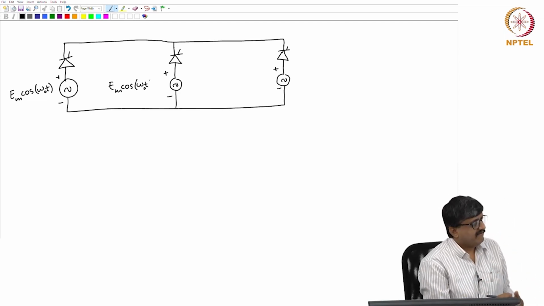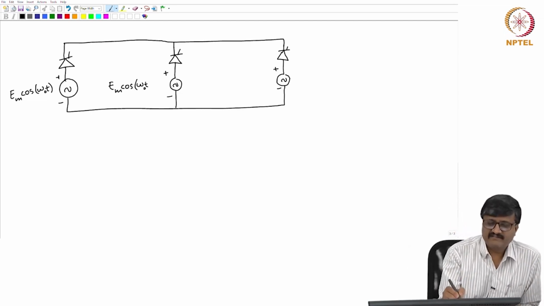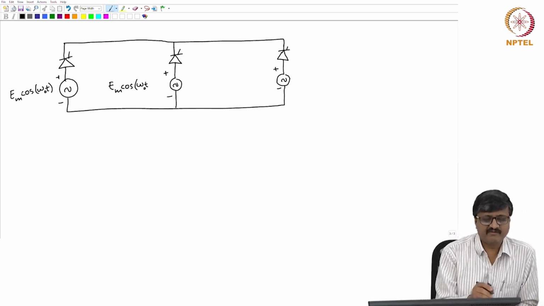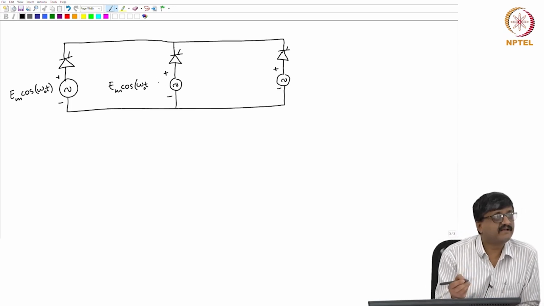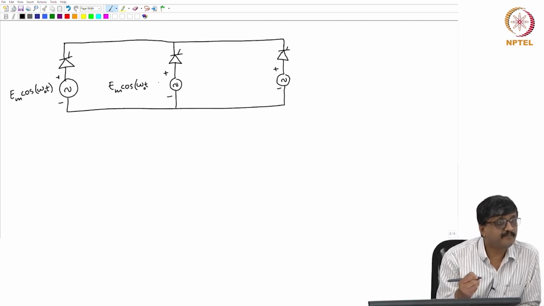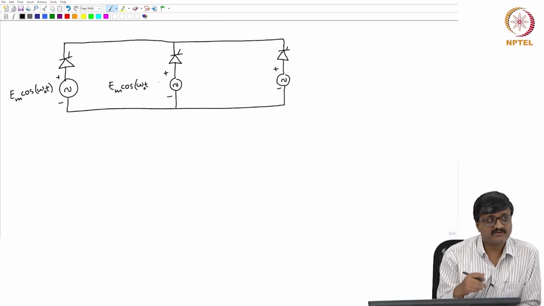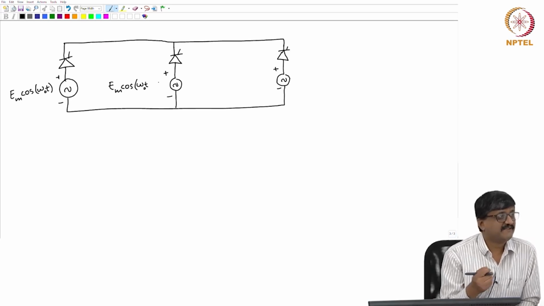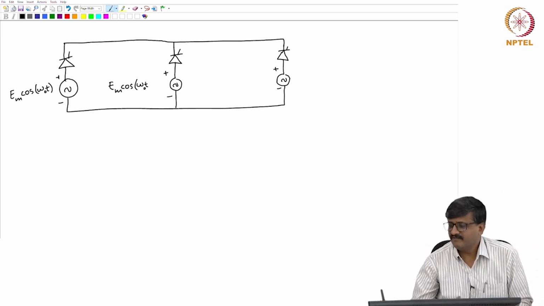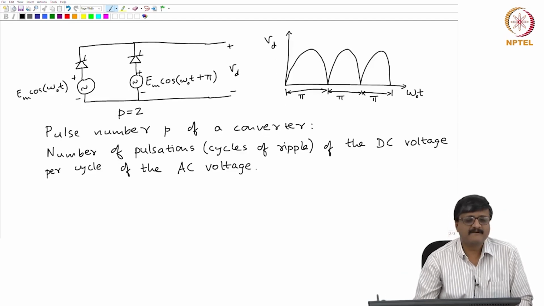So, I can actually say that this should be shifted with respect to the first voltage source by pi by 2, 3 pi by 2, 2 pi by 3. So, maybe the previous circuit may give some hint.